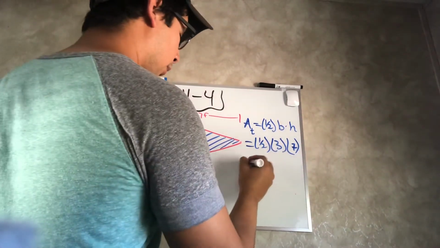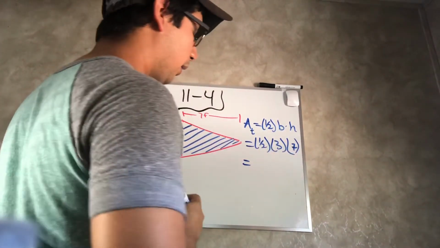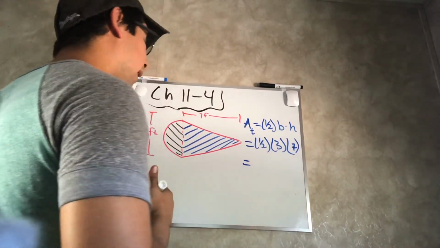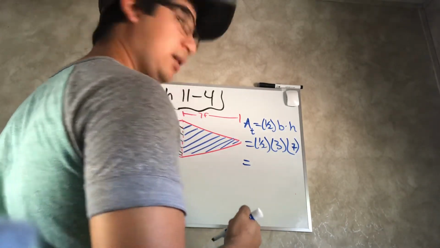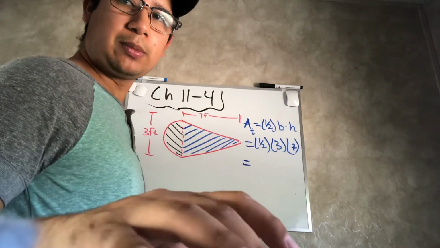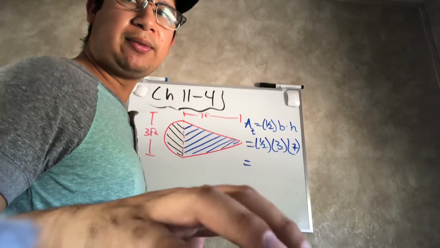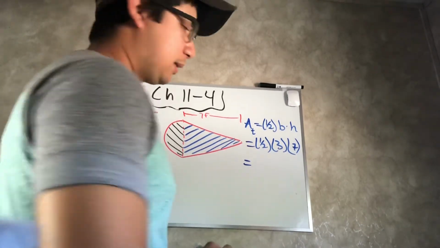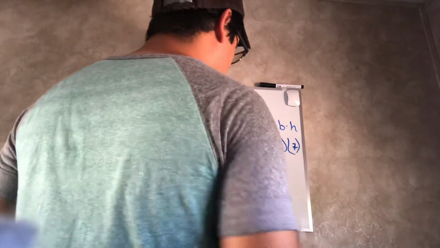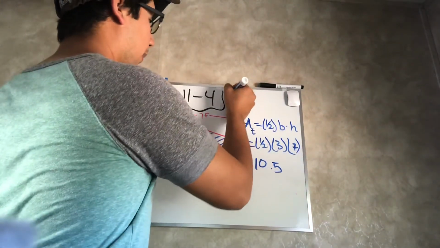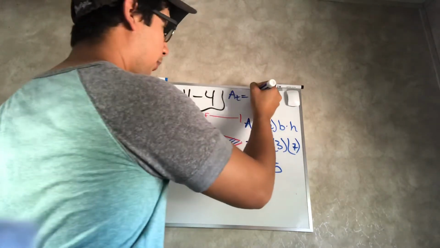When you multiply that out, 3 times 7 is 21. 21 times half, or times 0.5, is 10.5. Okay, so the area of this triangle equals 10.5.